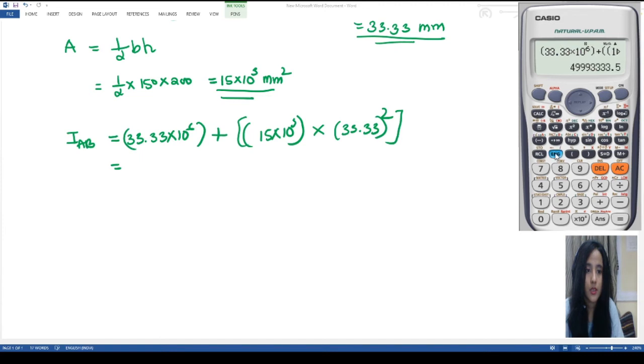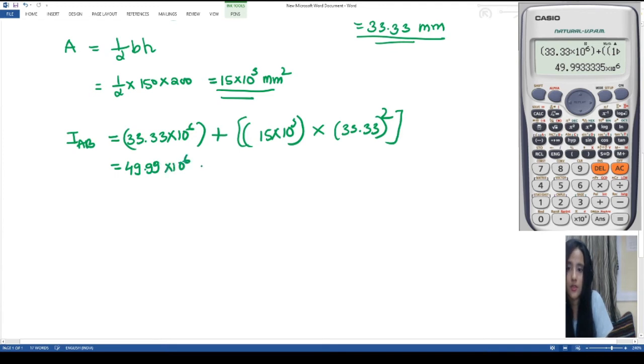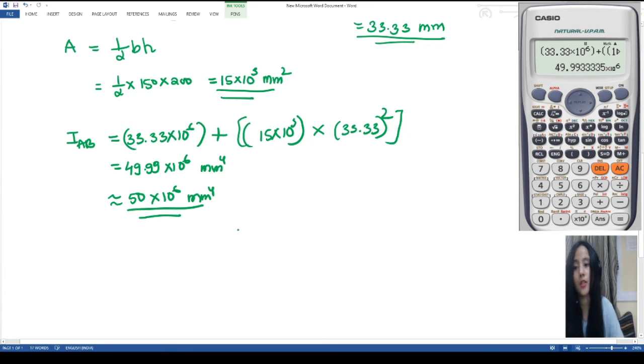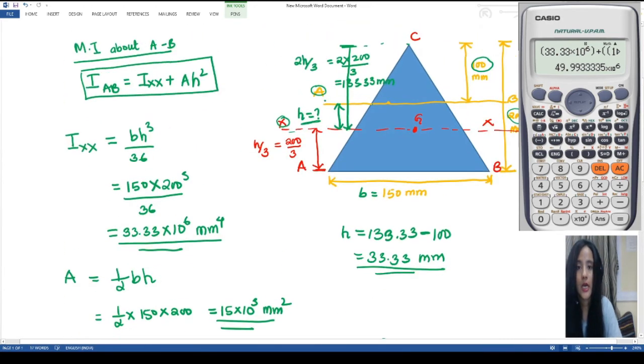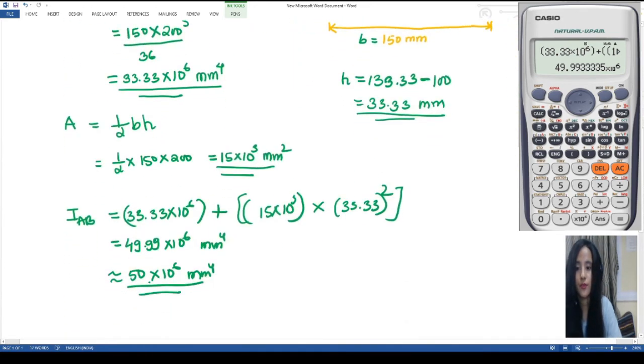So I'm getting 49.99 into 10 raised to power 6. So it is coming 49.99 into 10 raised to power 6 mm raised to power 4. So approximately, this value will be equal to 50 into 10 raised to power 6 mm raised to power 4. So your moment of inertia about this line IAB is equal to 50 into 10 raised to power 6.